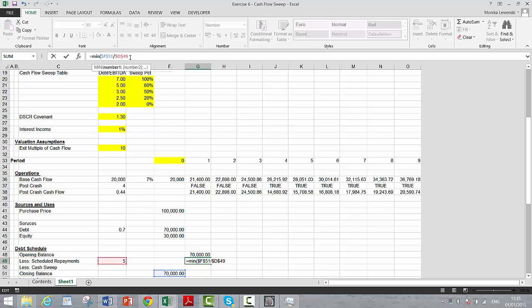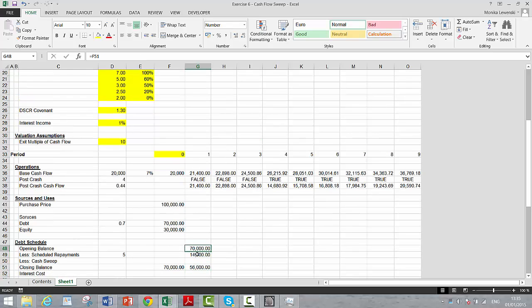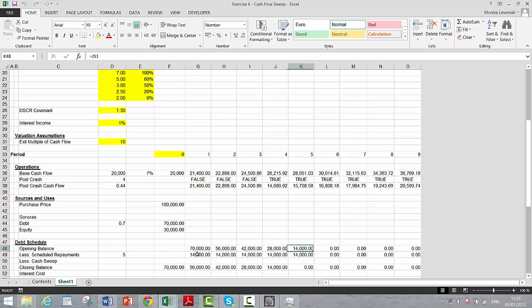We generally should do this because we want it to stop paying after 5 years. So if we take this one minus this one minus this one, we don't know what the cash flow sweep will be. Shift Control R, then at least it stops the repayments here. Now it's going to stop the repayments earlier if we have a cash flow sweep.